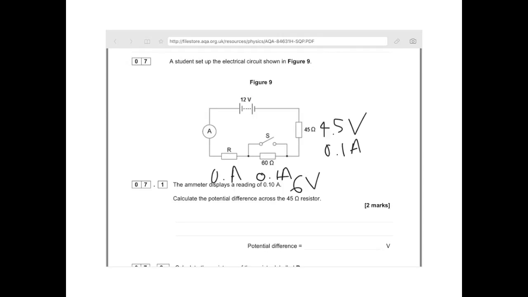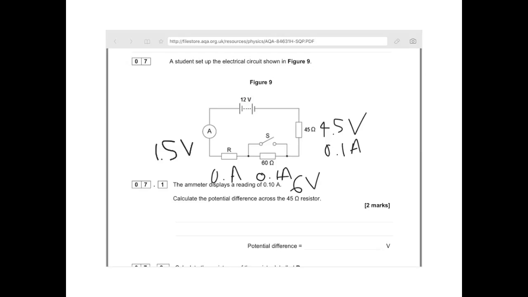And therefore we know, because I just told you, that individually that and that must add up to 12 volts. We need to work out the voltage here, so we simply do 12, take 6, take 4.5 to get 1.5. So we know that this voltage along our resistor is 1.5 volts.